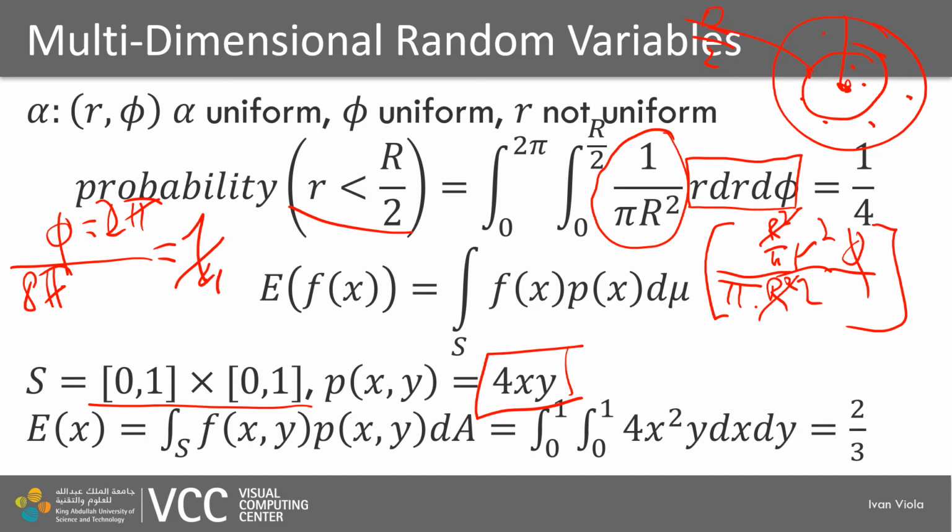So this is the probability density function times x. So f(x, y) is equal to x.